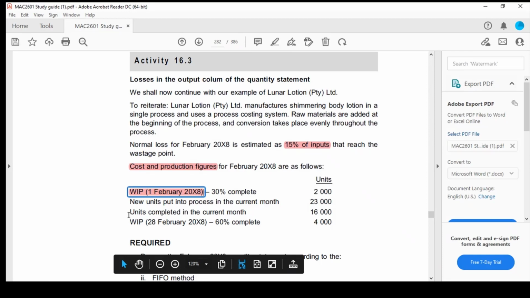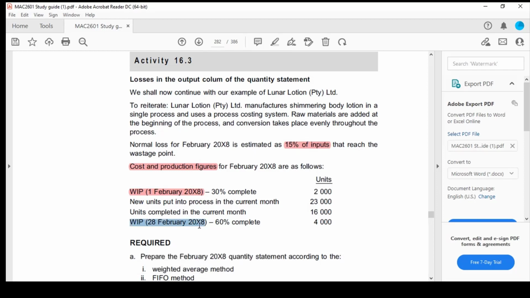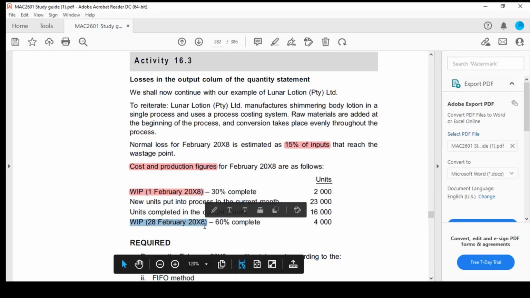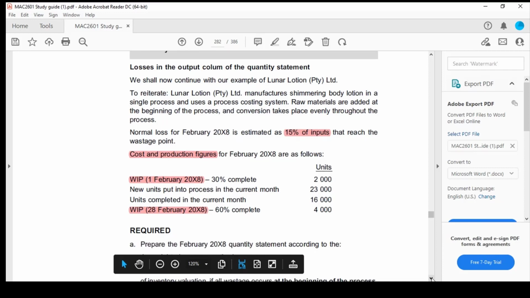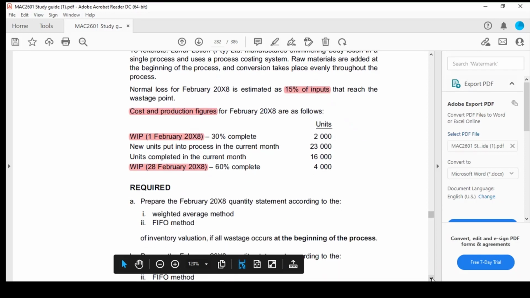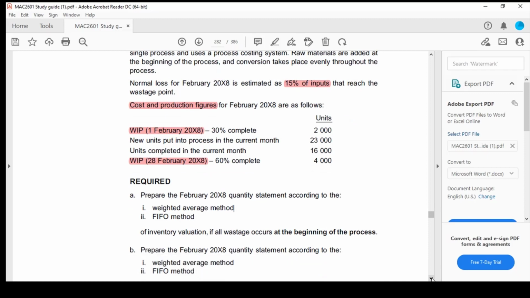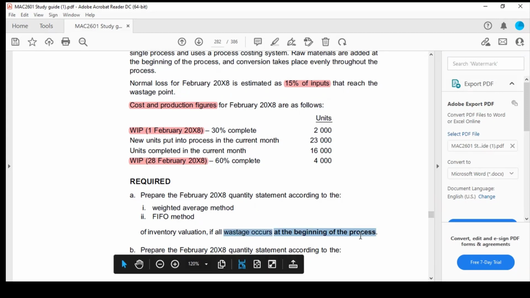And what they completed is 16,000 units. And at the end, they just give you a date instead of saying closing WIP. It is 60% complete and it's 4,000 units. They ask you to prepare a quantity statement according to weighted average and first-in, first-out if all wastage occurred at the beginning of the process.